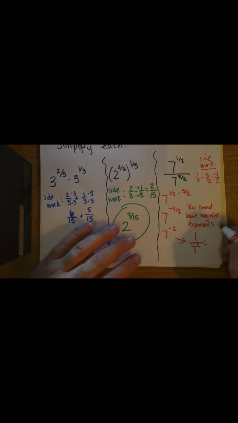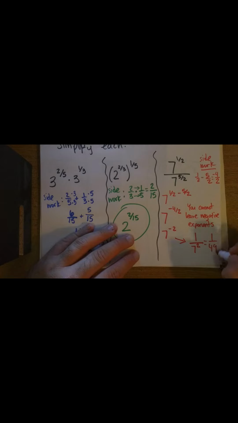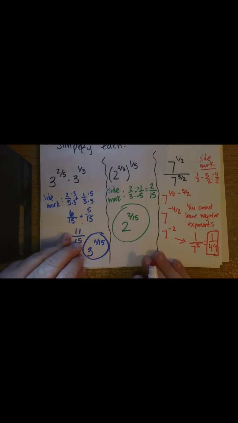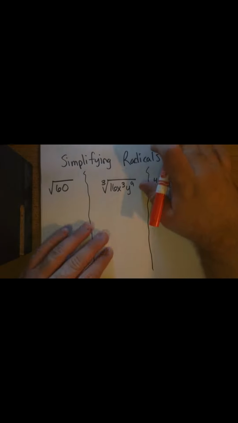And 7 times 7 is 49. So this becomes 1 over 49. And that's your final answer. Okay? All right, 2 more to show you. Then we'll be done with this one.